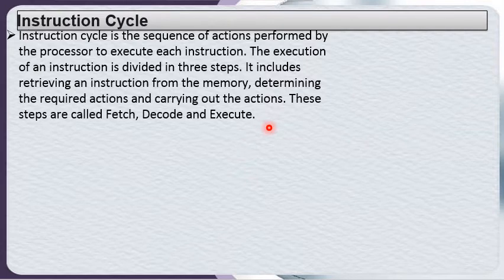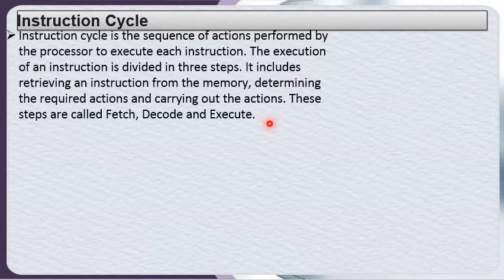The execution of an instruction is basically divided into 3 steps. Whenever an instruction is executed, a 3-step procedure is performed. What are those 3 steps?